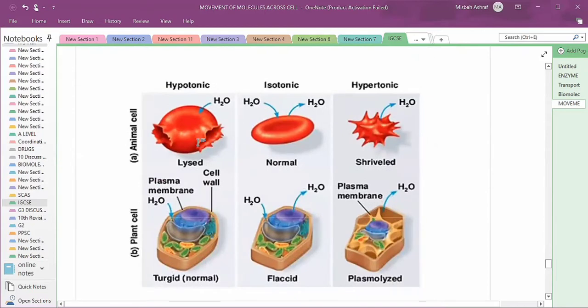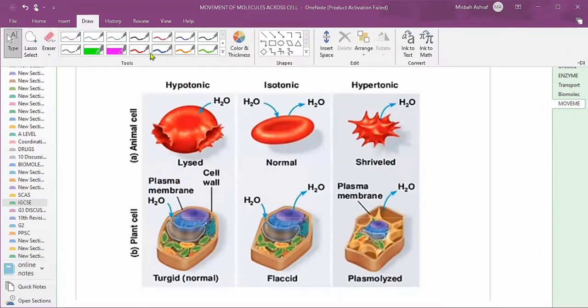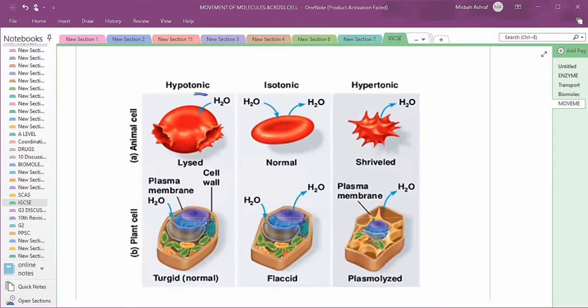First let's discuss the animal cell. If an animal cell is placed into the hypotonic solution, hypotonic means that outside there is more water. This is a red blood cell, or you can place any animal cell; the same will happen to all animal cells.